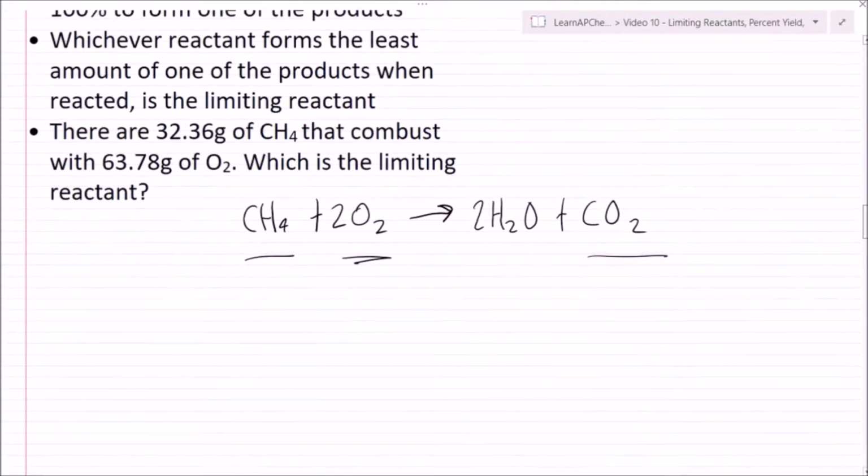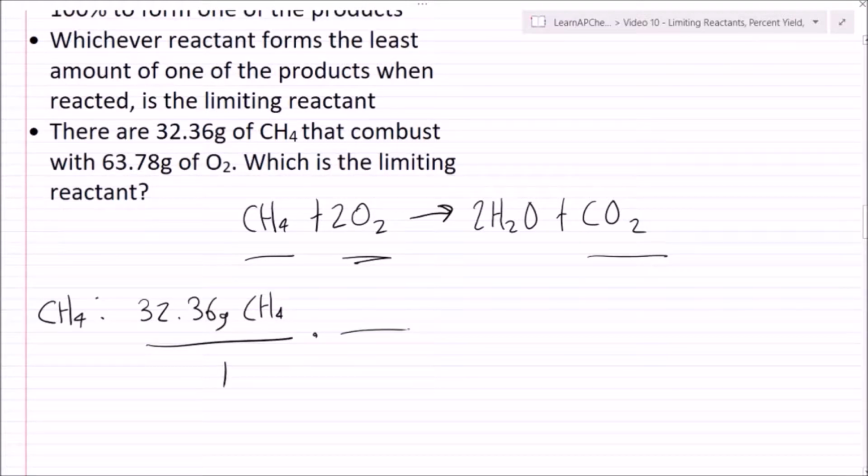So again, I'm going to pretend that each of my reactants react 100%. So here I have 32.36 grams of CH4. I need to convert that to moles of carbon dioxide because I've picked that as my product. So my molar mass for CH4 is 16.04 grams per mole.